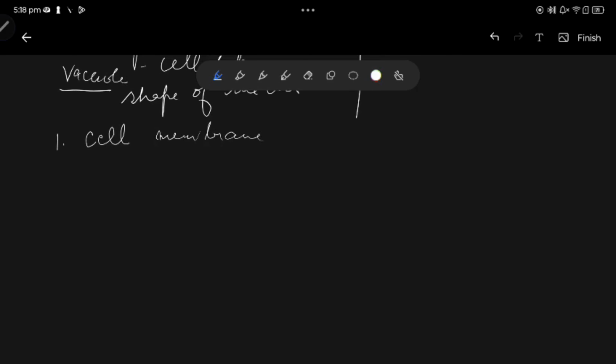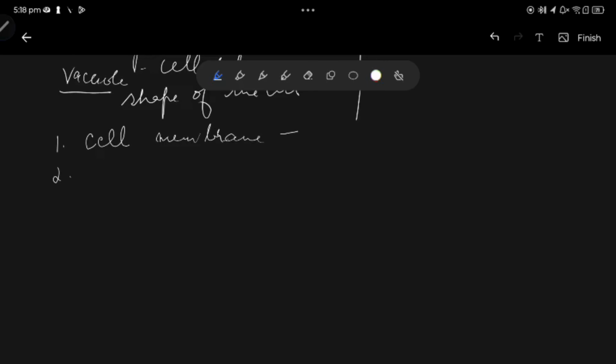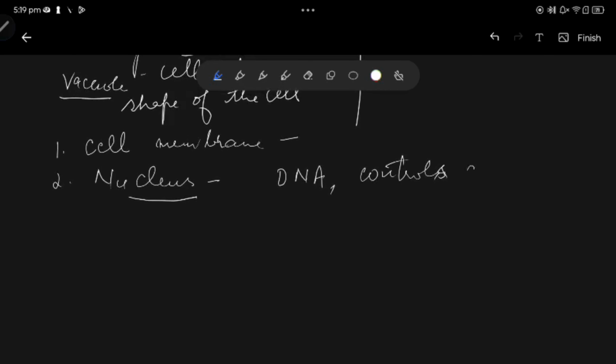It controls what can go inside the cell and what can leave the cell. Then next is the nucleus, which controls all cell activities and contains genetic material in the form of DNA. Just as the brain controls all activities of our body, the nucleus controls all activities of the cell.